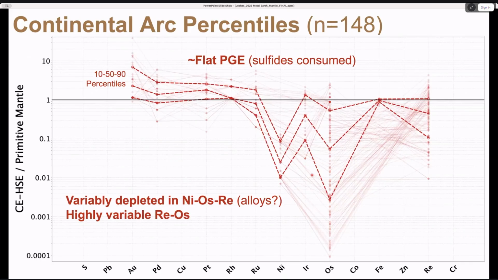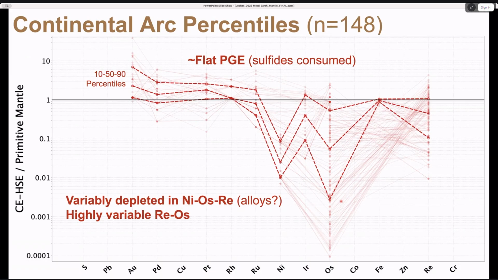Continental arcs look like this, a little bit messier, but again, you have to be careful because there's a lot of missing data in here. You can see there's a huge range in osmium, lots of crisscrossing with rhenium osmium, which shouldn't really be the case. So I'm not quite sure how to work with that. I haven't had a chance to talk to Graham about that yet.